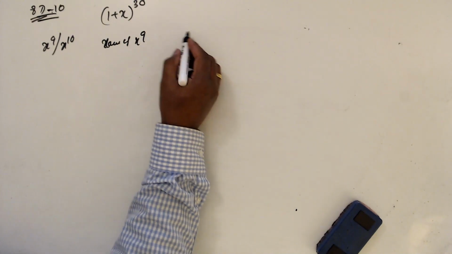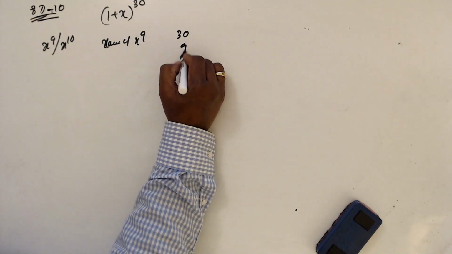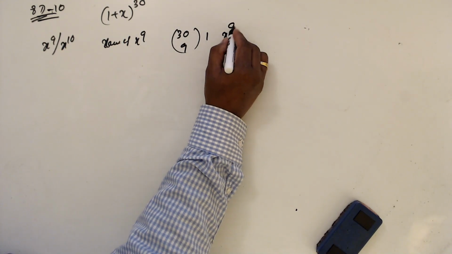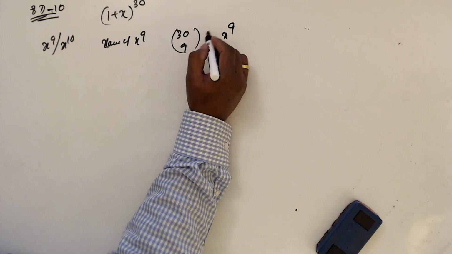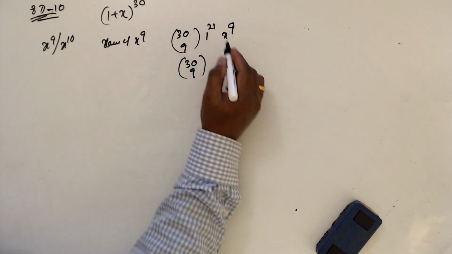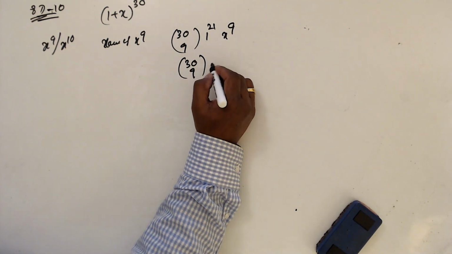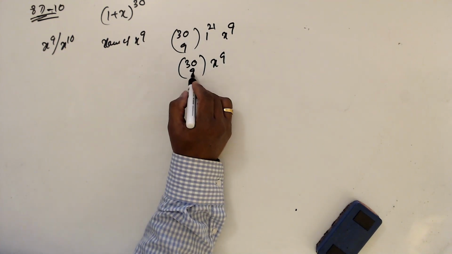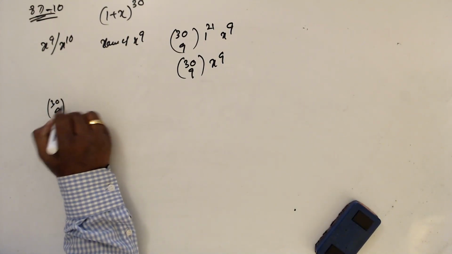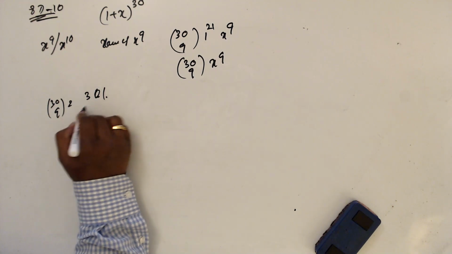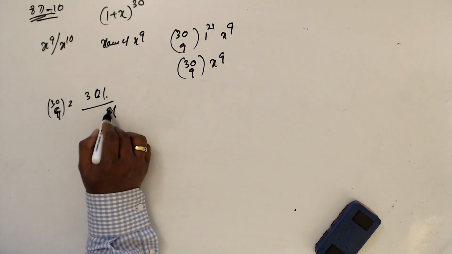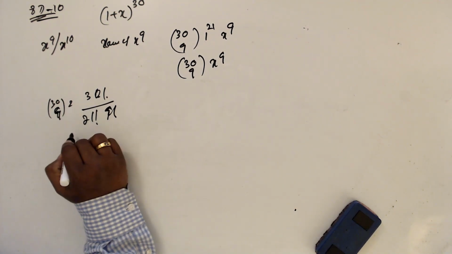So we have to write like this: 30 C 9, 1 to the power 30 minus 9, which is 21, and x9. 1 to the power 21 is still 1, and x9, so 30 C 9. So 30 C 9 means 30 factorial over 9 factorial and 30 minus 9 factorial, 21 factorial.